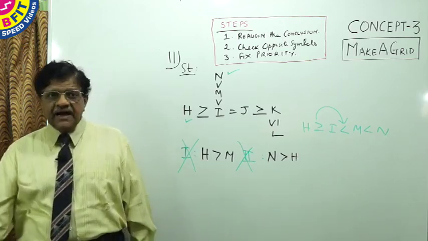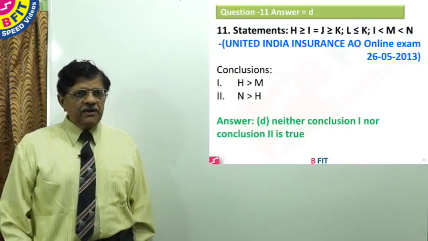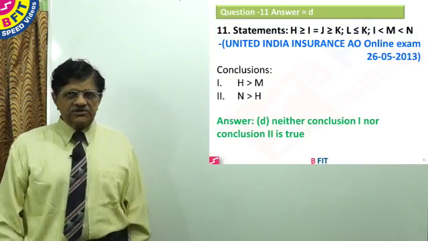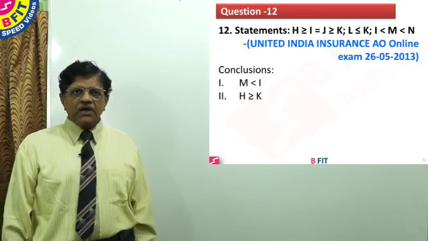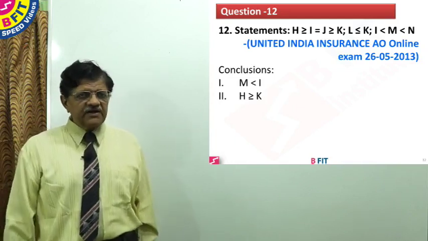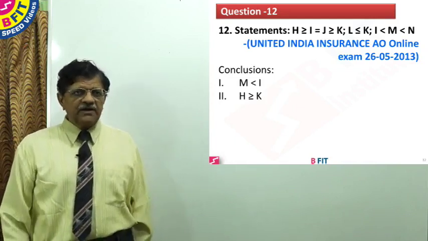Let us see the answer slide. Question number 11: neither conclusion 1 nor conclusion 2 is true. Now let us see the next question. For question number 12 also, the statement is the same, only the conclusions are different. Now we shall work out from the same grid which we have drawn earlier.